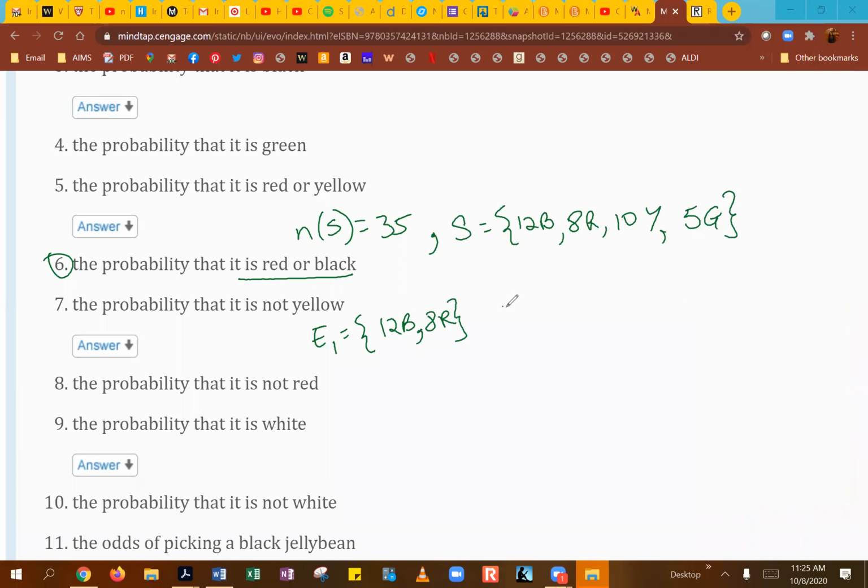So when you add them together, our total for the event 1 comes out to be 20 jelly beans. So when we're talking about the probability for this event 1, that means you take the number of outcomes you have in event 1 divided by the number of outcomes in your sample space. So that's 20 divided by 35.